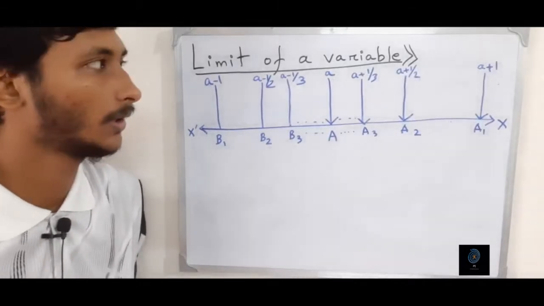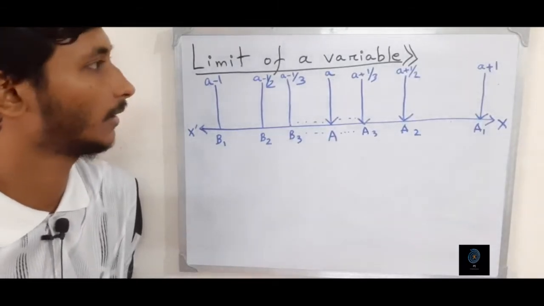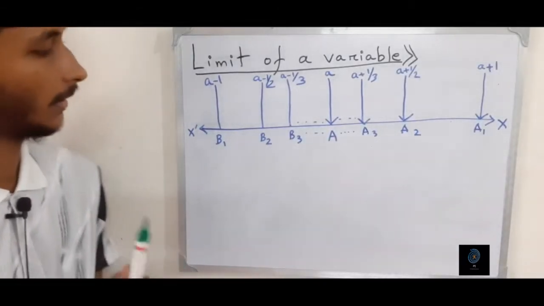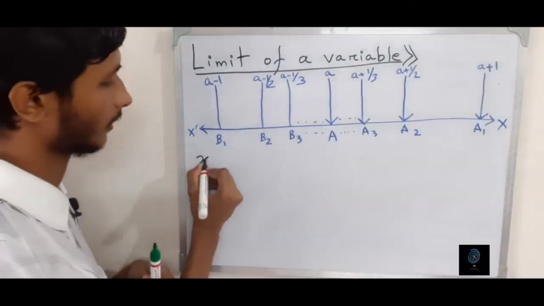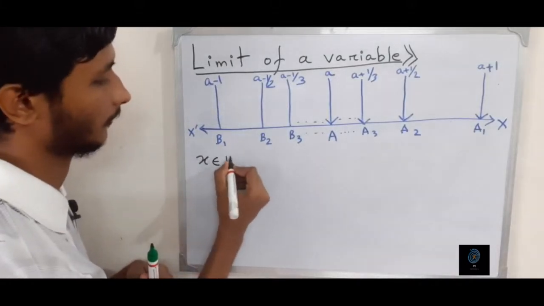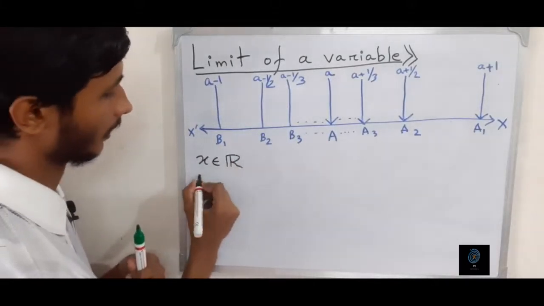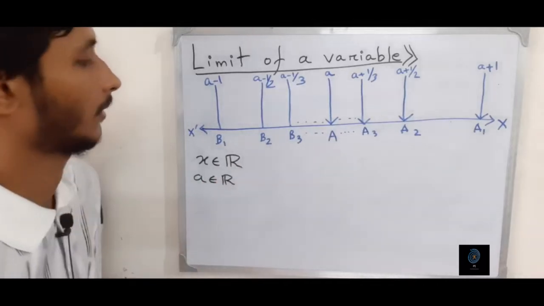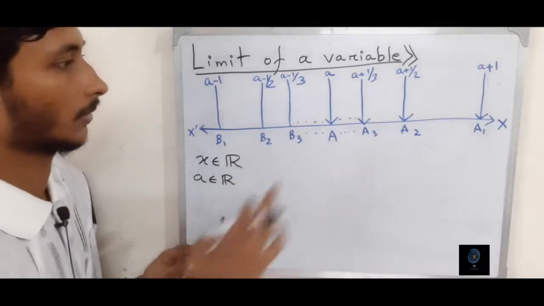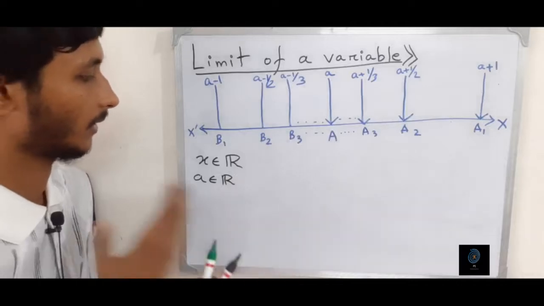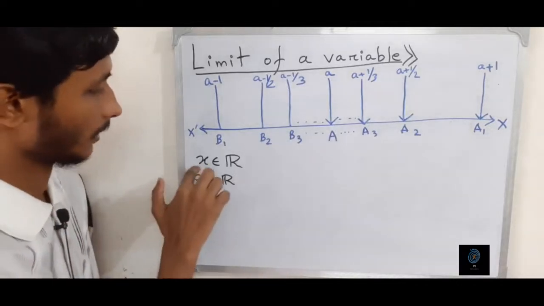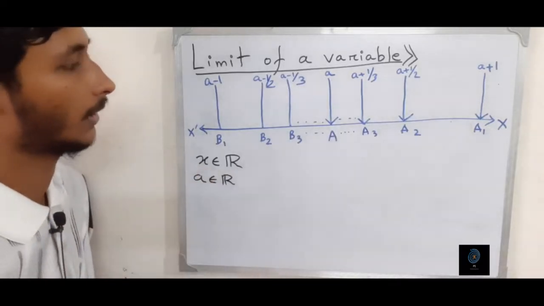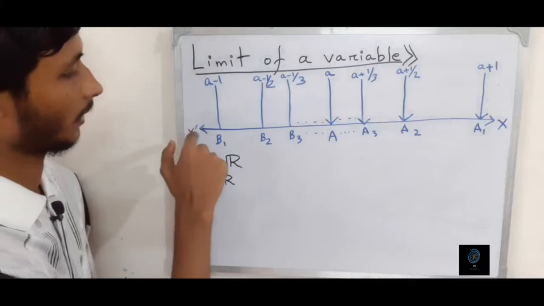So now we will understand what we mean by the limit of a variable. Let us take that x is a real valued variable, and a is a constant which is also a real number. So I represent the whole system by this diagram. As x is a variable on the real line, we take this real axis.